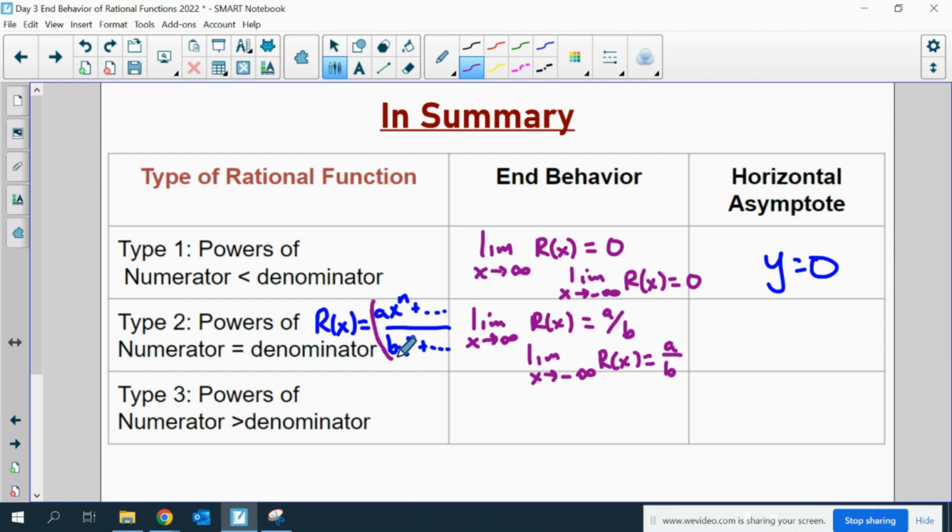So we just divide these leading coefficients. We would write the horizontal asymptote as y equals a over b.